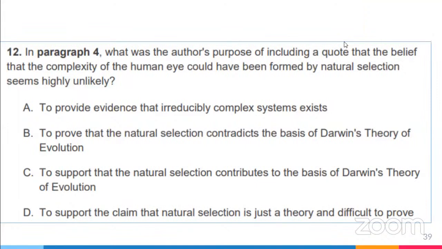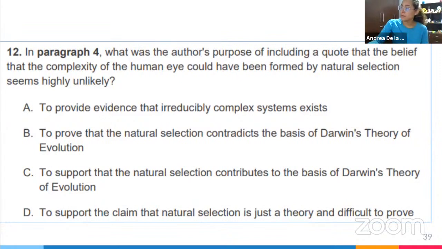Okay, in paragraph 4, what was the author's purpose of including a quote that the belief that the complexity of the human eye could have been informed by natural selection seems highly unlikely? Okay, thank you, Rosario. I want you to please screenshot this because I have the text in a different slide. So please screenshot this question.